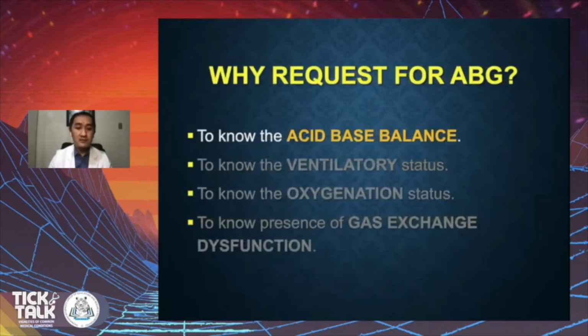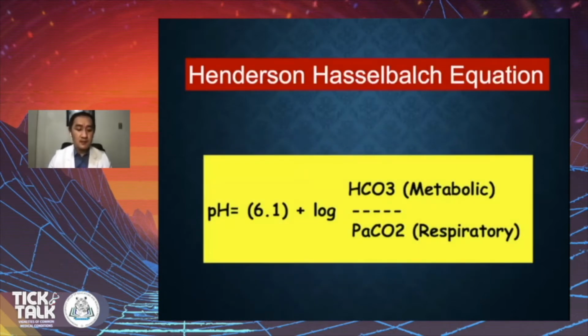To know the acid-base balance, it is extrapolated in this equation, the Henderson-Hasselbalch equation. It describes the relationship between the blood pH and the components of the buffering system, which are the bicarbonate and arterial CO2. This acid-base physiology allows the metabolic component to be separated from the respiratory component.